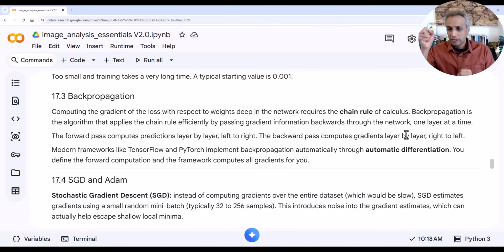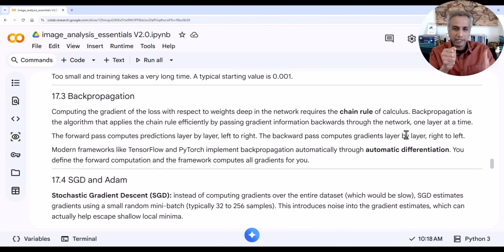It says, okay, the output is 0.9. So it should be a cat. Uh-oh, that's wrong. The real value is cat, which is a 0, right? But I'm getting 0.9. That's way off, right? Let's go back one layer, adjust the weights.